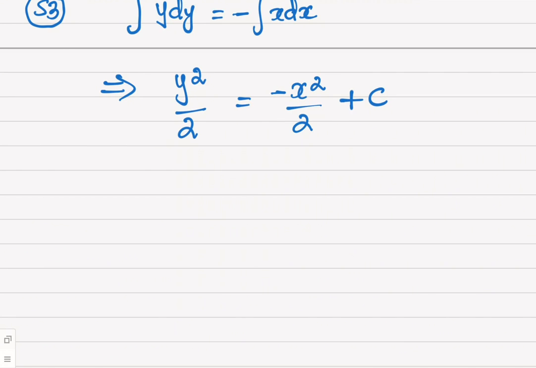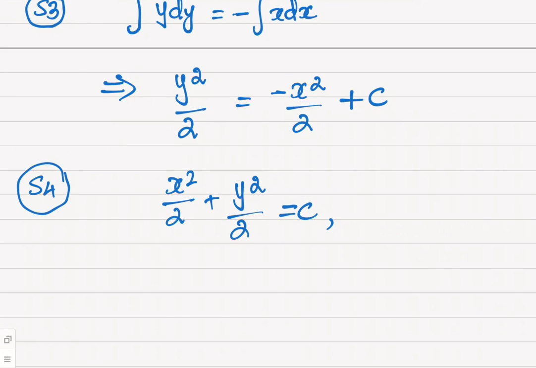Now if I further simplify, I get x squared over 2 plus y squared over 2 equals c, where c is an arbitrary constant.